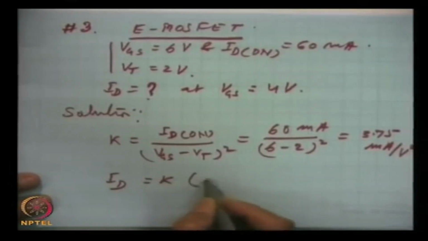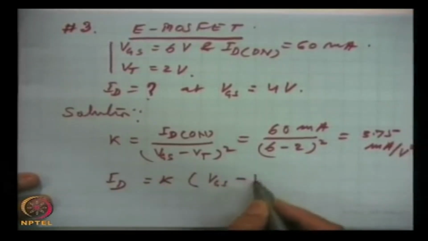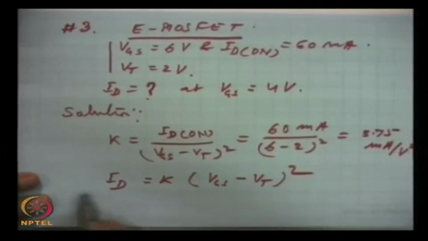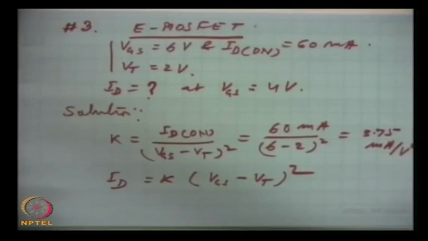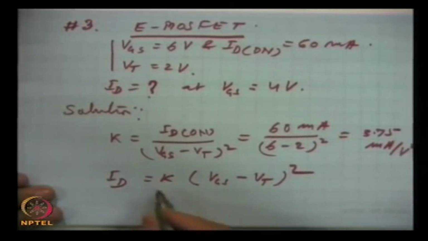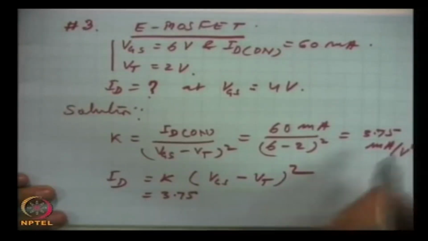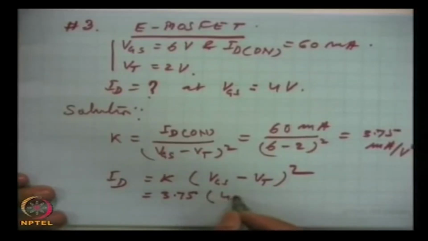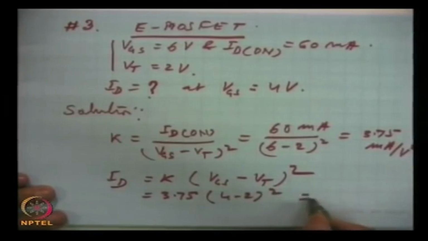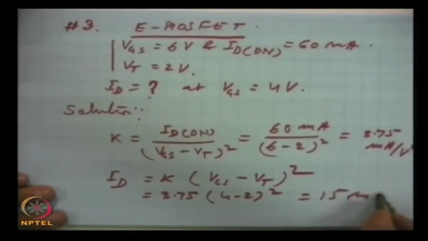and then for the EMOS, the drain current is K into VGS minus VT square. This was the expression that expresses the drain current in the saturation region. When we substitute the values, this is 3.75 in milliamperes, mind it, we are putting in milliamperes, and this 4 volts minus 2 volts square, then this comes out to be 15 milliampere.